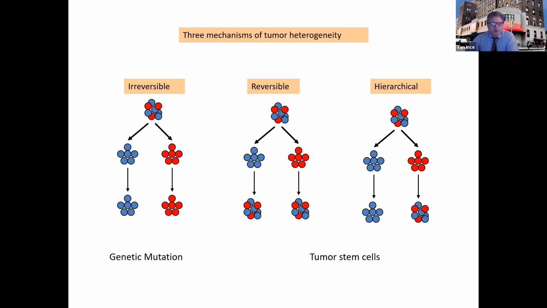So let's say that you took a tumor that's a mixture of stem cells and non-stem cells, mutant cells and non-mutant cells, and then purified them into red and blue populations. You inject it in a mouse, what you should get is red cells should give you red, blue cells should give you blue, because they can't go back.